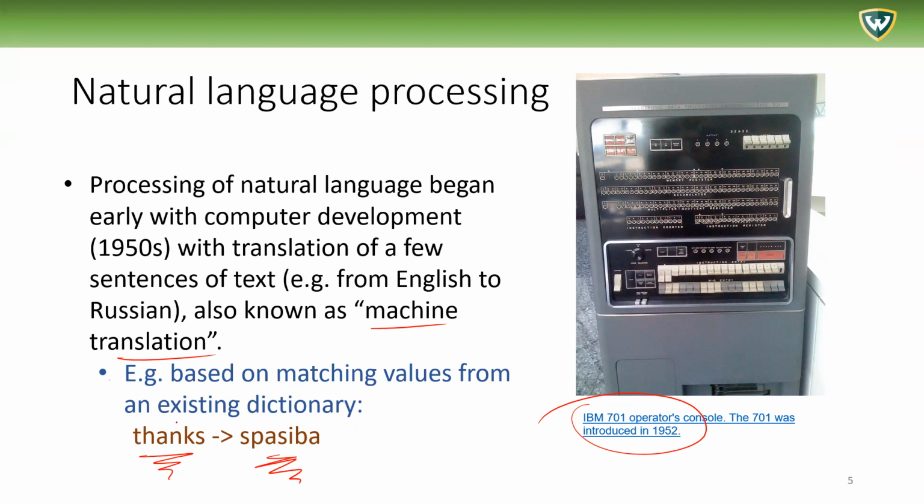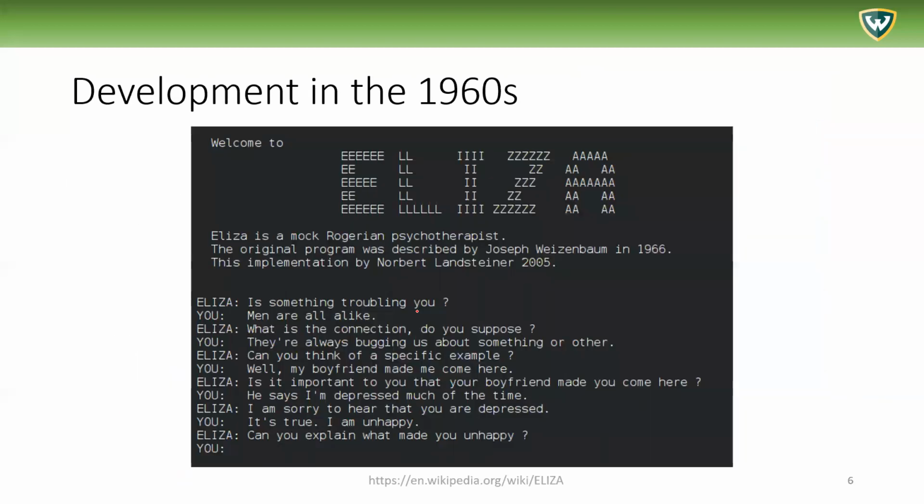Take thanks, and then where it says thanks, just write spasiba, and so on. As you can imagine, this doesn't work very well. And although they thought they were going to solve this machine translation problem very quickly after the 1950s, it took much longer to do so, but it is much better nowadays.